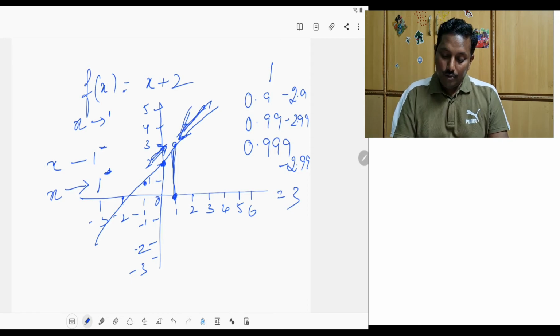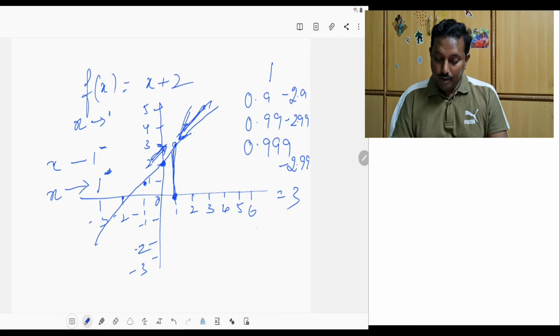Suppose we are approaching from the right hand side. For 1.1, that should be 3.1.